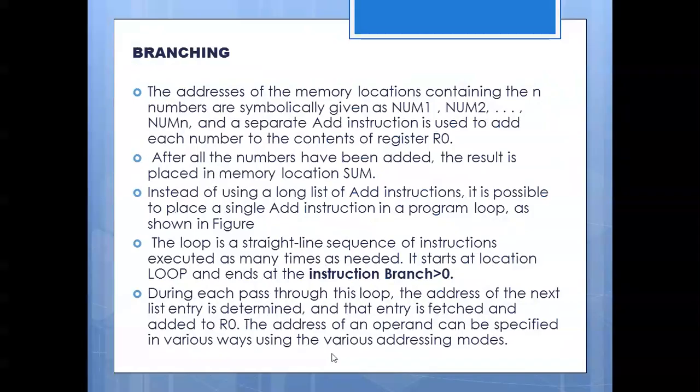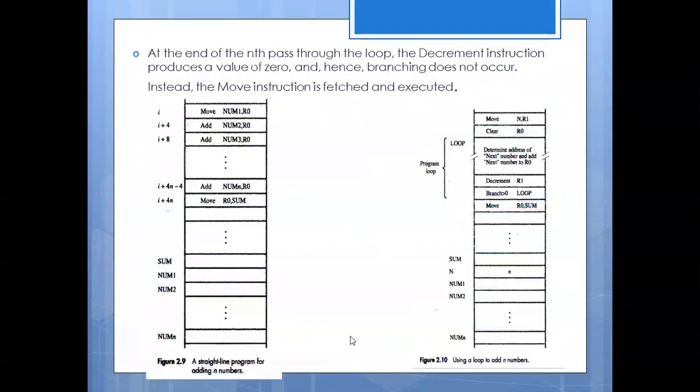Branching is also one of the forms of program execution. If we compare two programs, the first program on the left side is I plus 4, I plus 8, with the first instruction move, the second instruction add. The number 1 is added to number 2, then that result is added to number 3.